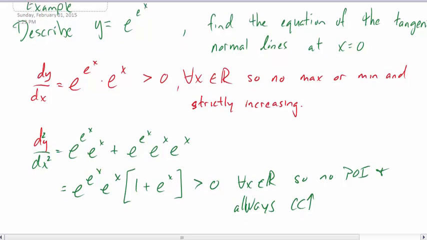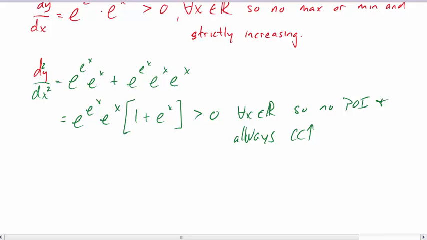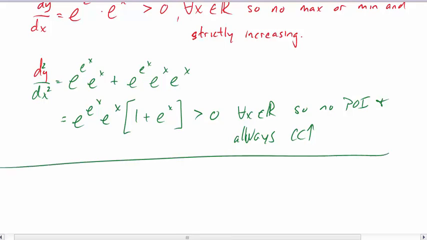Well, let's find this tangent line and this normal line. Tangent at x equals 0.